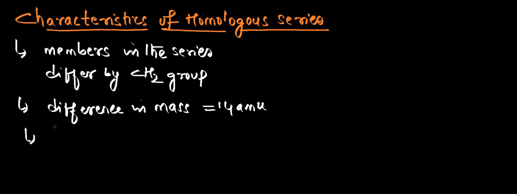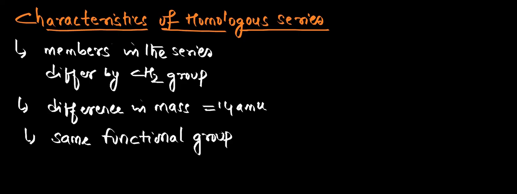Now if you take the members of this homologous series, all the members will have the same functional group. Suppose I take the alkene family, all of them will have a double bond, like ethene, propene, butene. Suppose I take the alcohol family, like methyl alcohol, ethyl alcohol, propyl alcohol, all the members in the series will have the same functional group, that is alcohol.